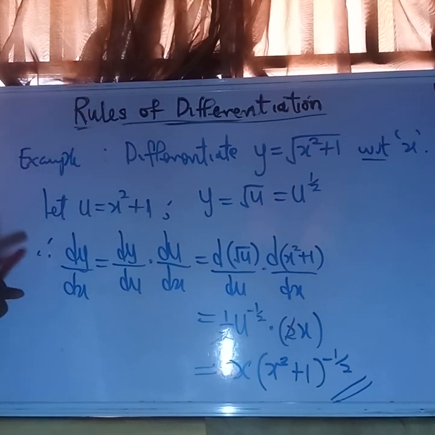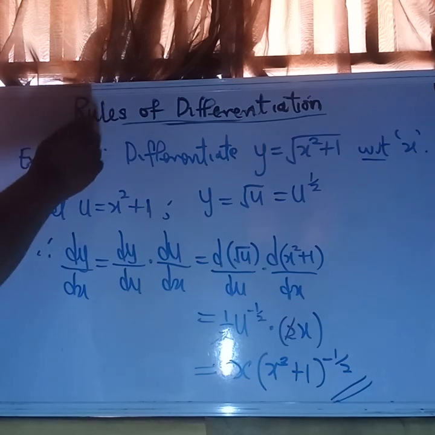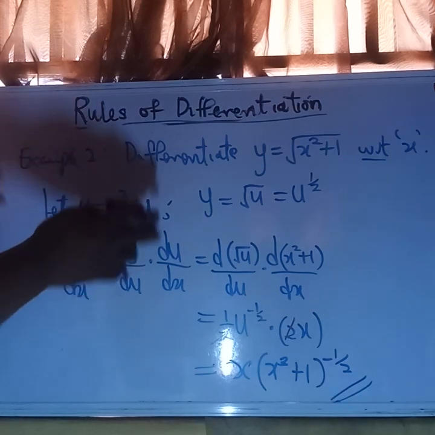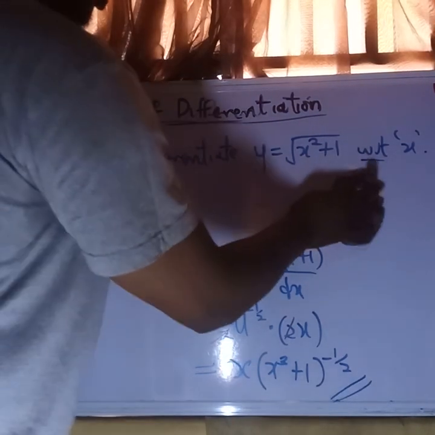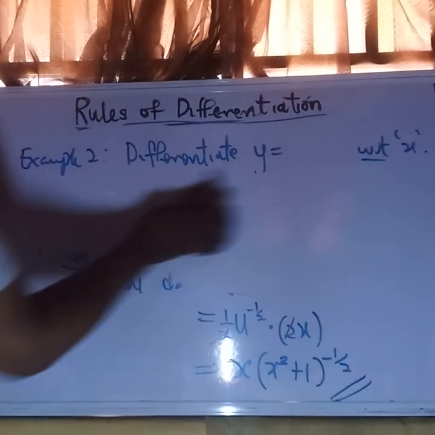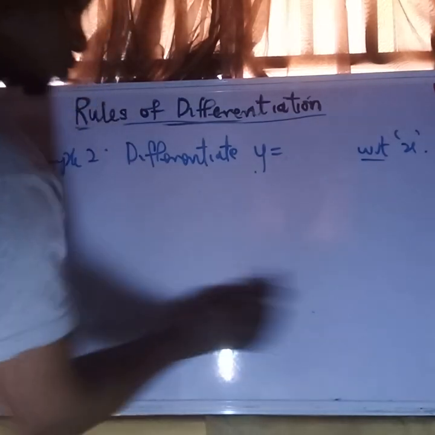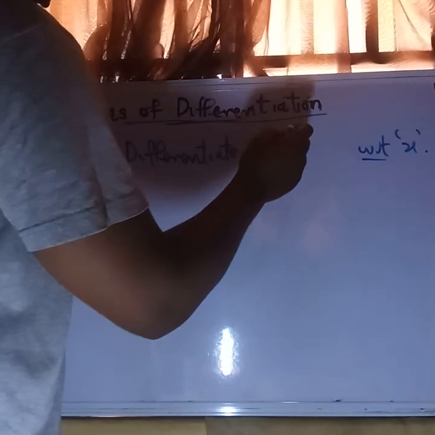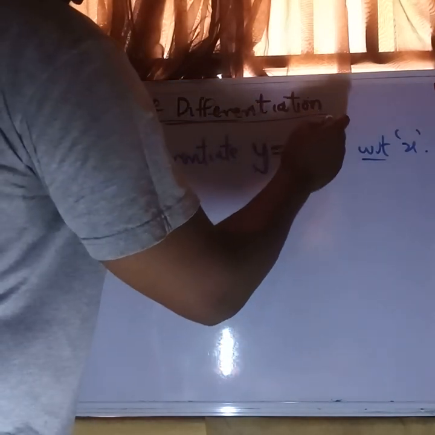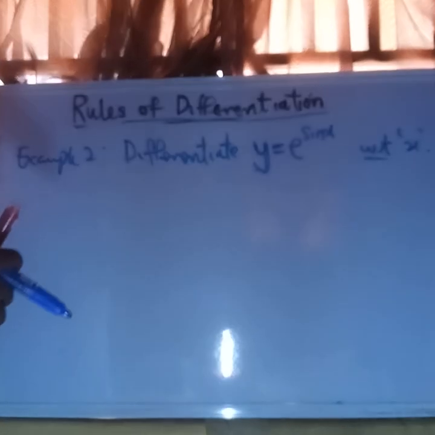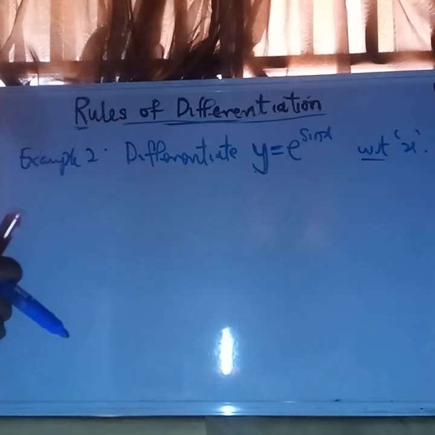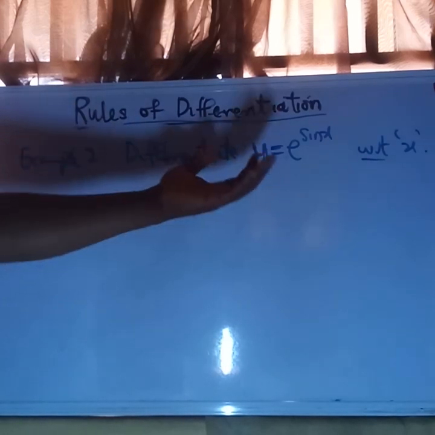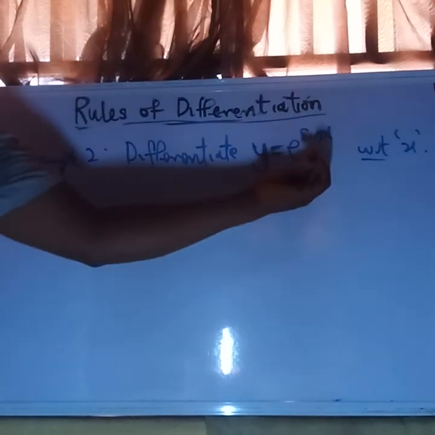So let's see example 2. If you have to differentiate the function y equal to exponential sine x with respect to the argument x, looking at this critically, we see that sine x is an inner function, and that's where we start from.